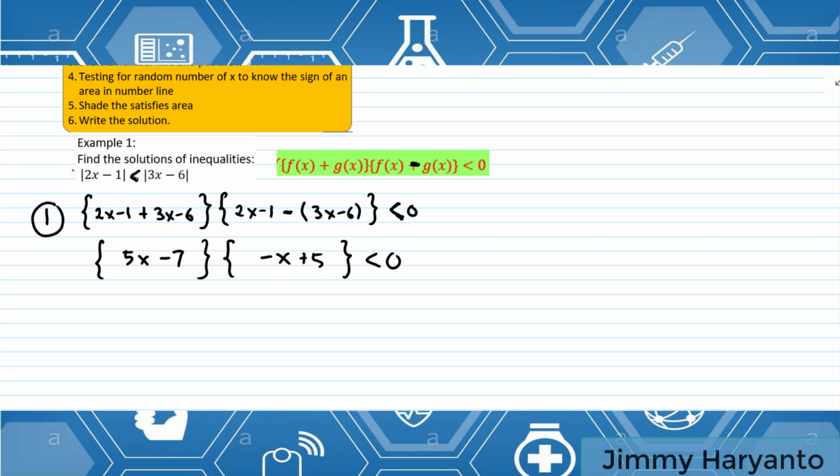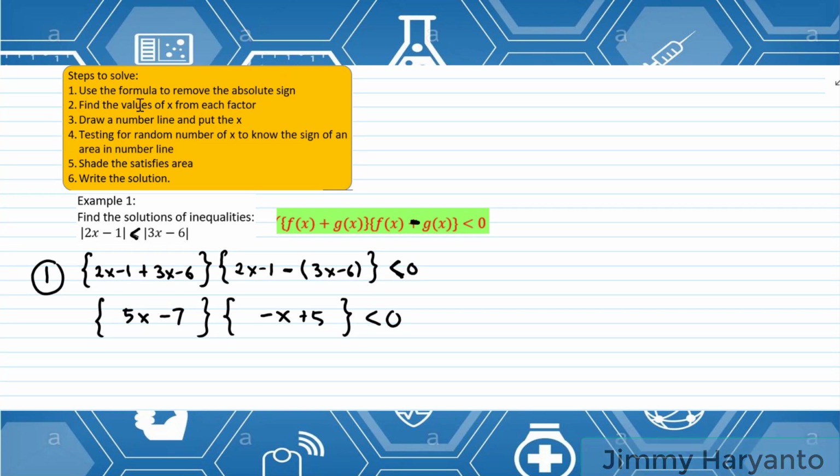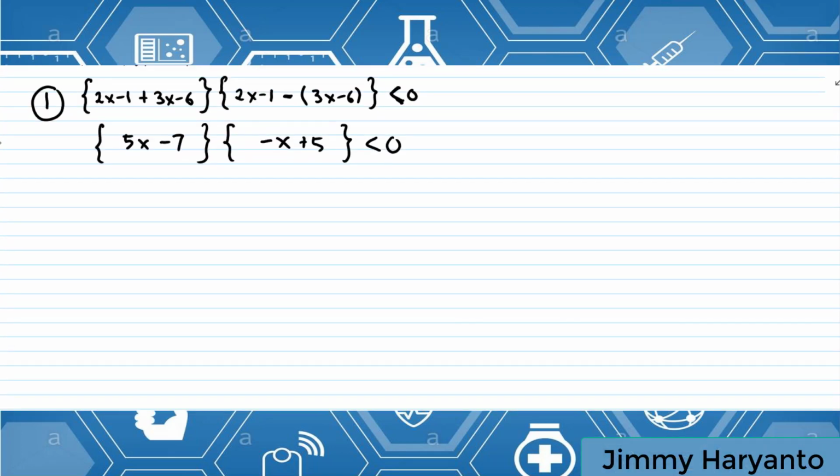The second step, find the value of x from each factor. What is the meaning of factor? Factor is this one. This is the first factor, this is the second factor. We have to find the value of x from each factor. So 5x minus 7 and then negative x plus 5.